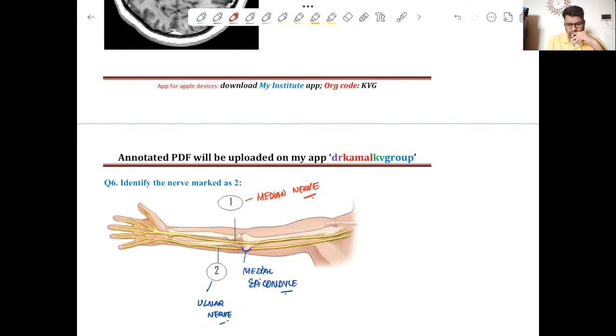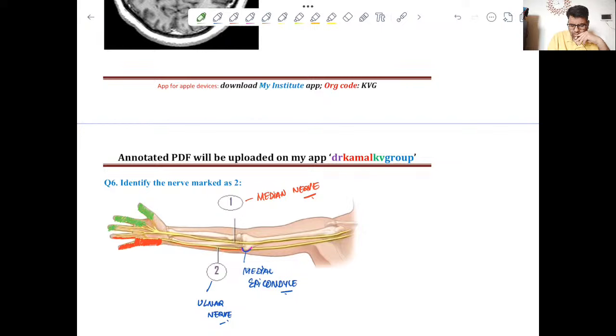Now I'll tell you one more trick based on which you can identify which are these two nerves. Now if you track this nerve which is passing behind the medial condyle and then going up to the hand, it is supplying this much area. Right? So this nerve is supplying this much area in the palm. Clear? And if you track the other nerve which is passing in front of the elbow, it is supplying this much area.